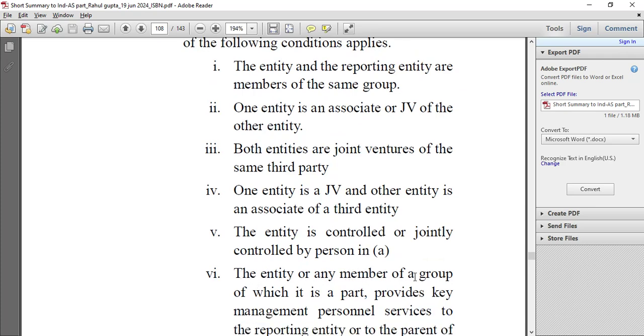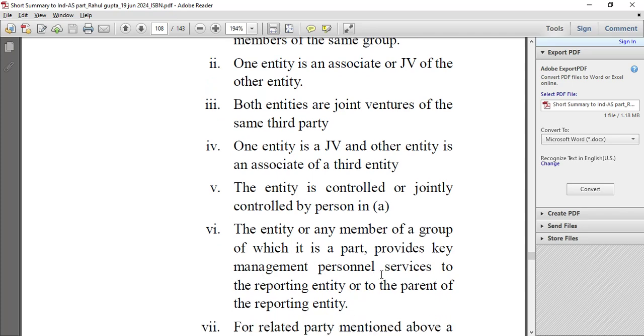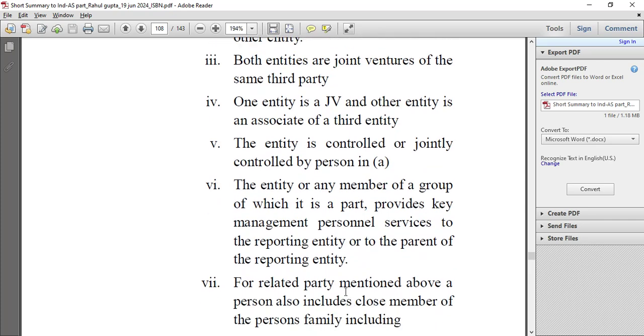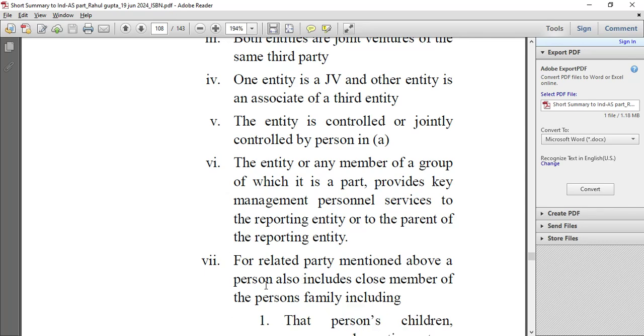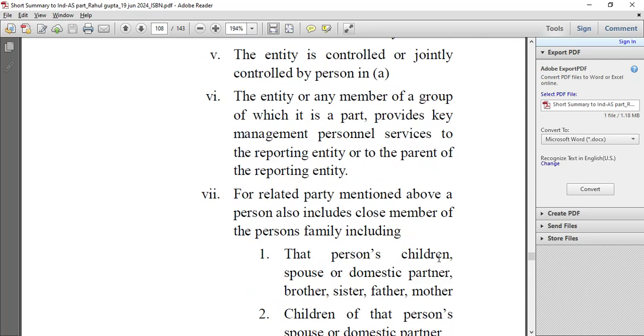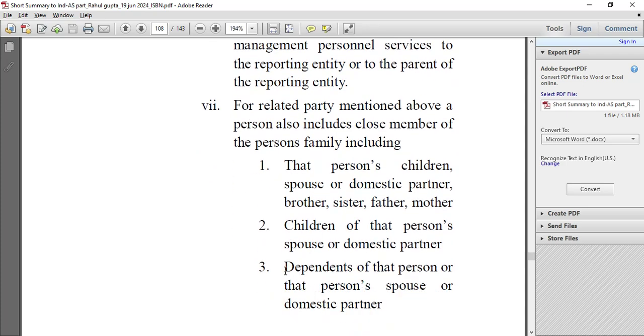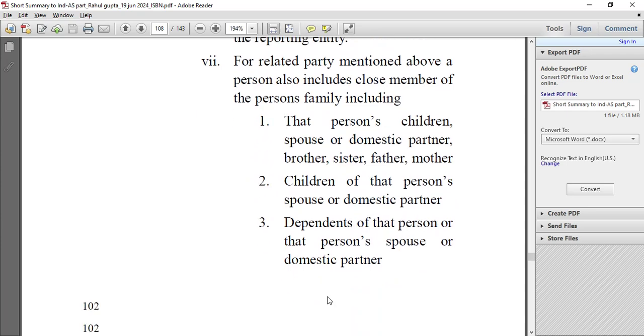The entity, or a member of a group of which it is a part, provides key management personnel services to the reporting entity or to the parent of the reporting entity. For related parties mentioned above, a person also includes close members of the person's family, including that person's children, spouse, domestic partner, brother, sister, father, mother, children of that person's spouse or domestic partner, and dependants of that person's spouse or domestic partner.